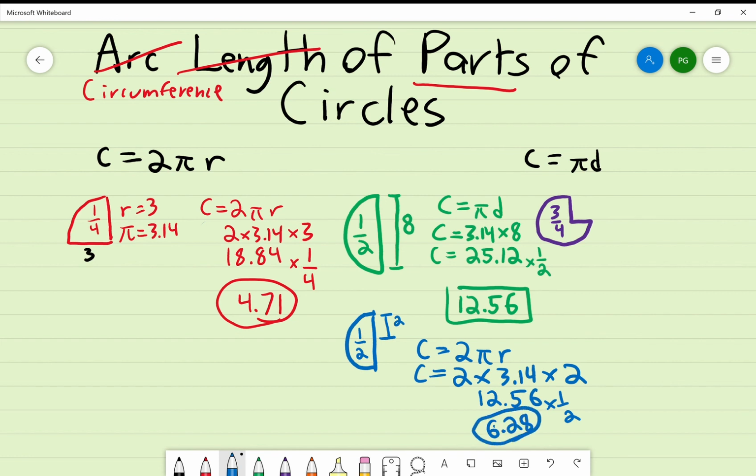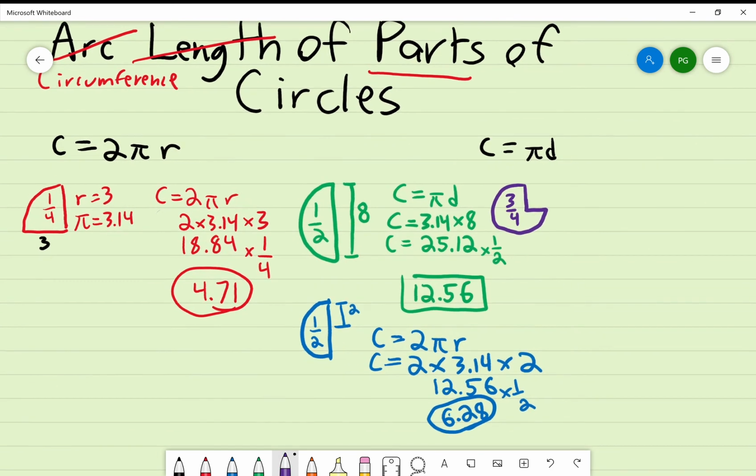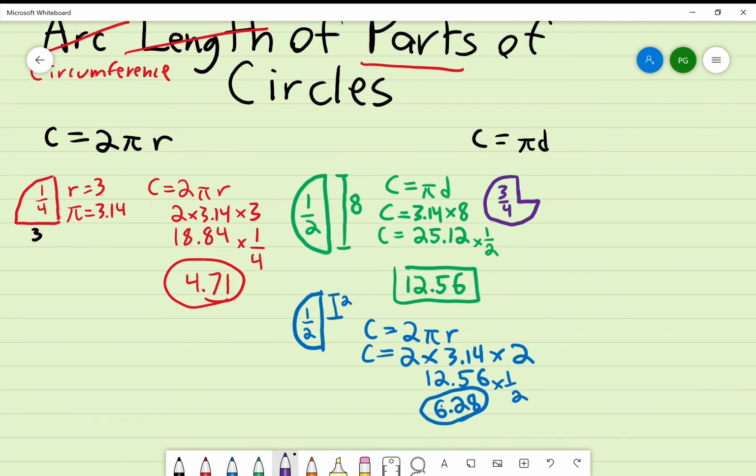Now, what we're going to do here for the final example should be pretty straightforward to you guys. You're going to find the circumference of the circle usually, and then you multiply it by 3/4, since we're dealing with 3/4 of a circle. Let's say that I tell you that this measurement right here is 5. This measurement from here to here is clearly the radius. So radius equals 5. We're going to use the formula that has a radius in it. Circumference equals 2 times pi times r.